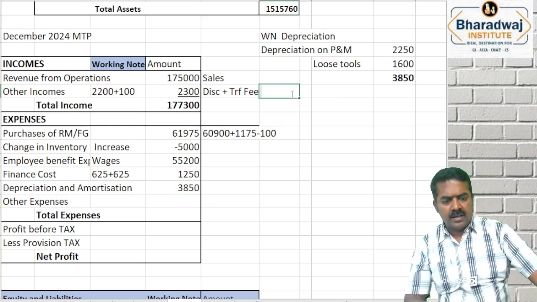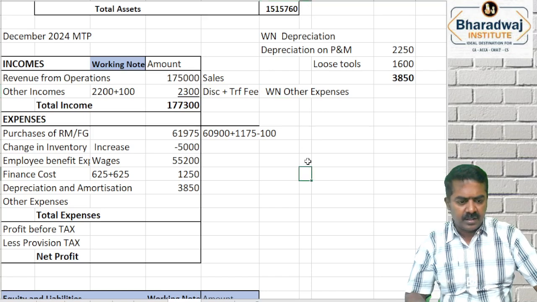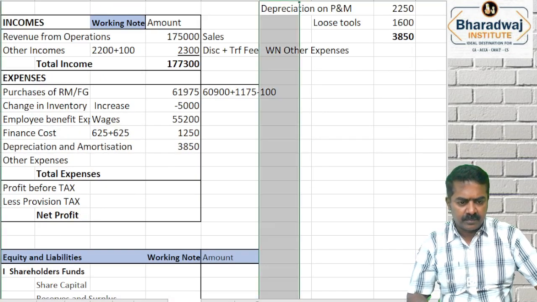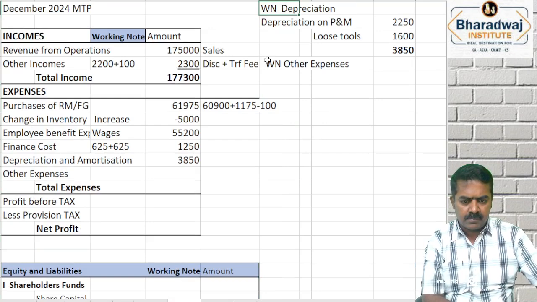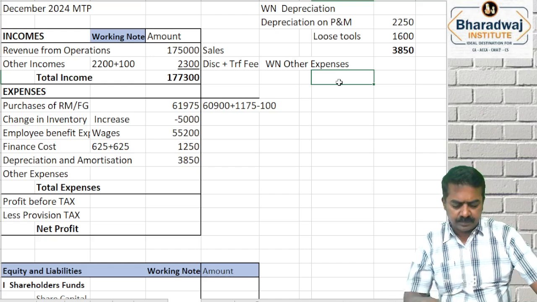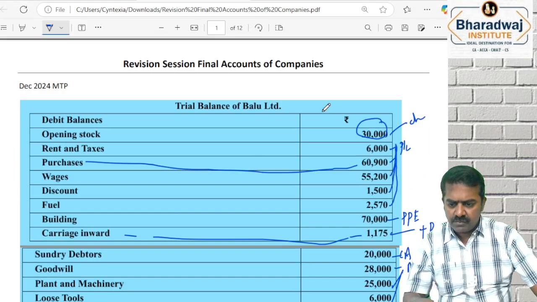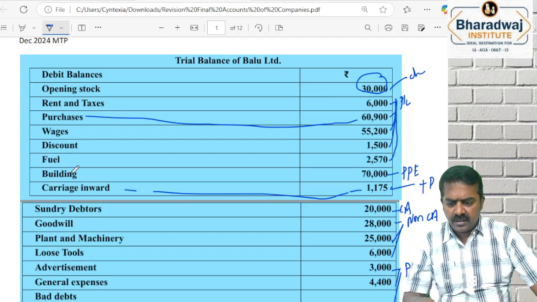Then name any other expenses. What are the other expenses?